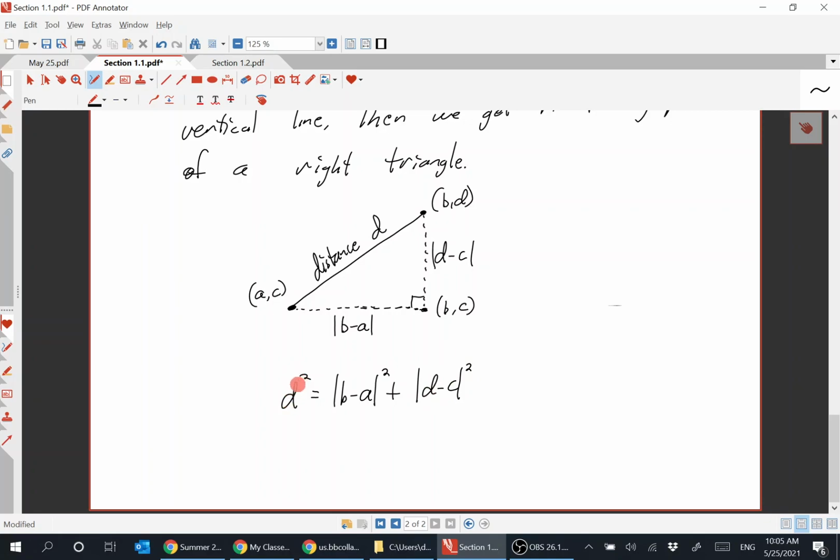But then, we want a formula for D, right? So this is by the Pythagorean theorem.